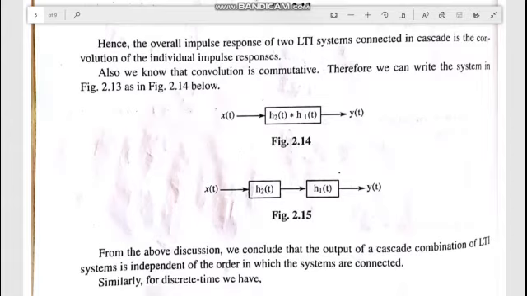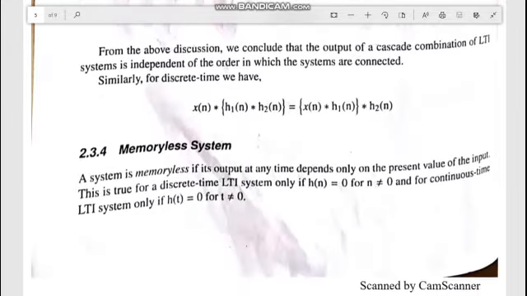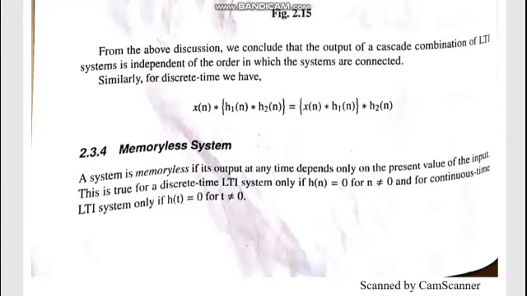Again, the output of h2 of t is convoluted with h1 of t, which gives your y of t, which represents the above equation. Similarly, even for discrete time, we can write the equation x of n convoluted with h1 of n convoluted with h2 of n.